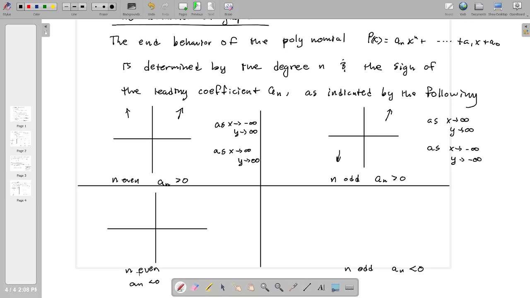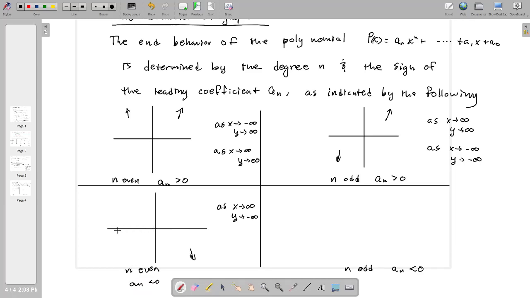But because we're also multiplying by a sub n, and a sub n is negative, we would get a negative value down here. So as x goes to infinity, we would end up with y going to negative infinity. That's because a sub n is less than 0.